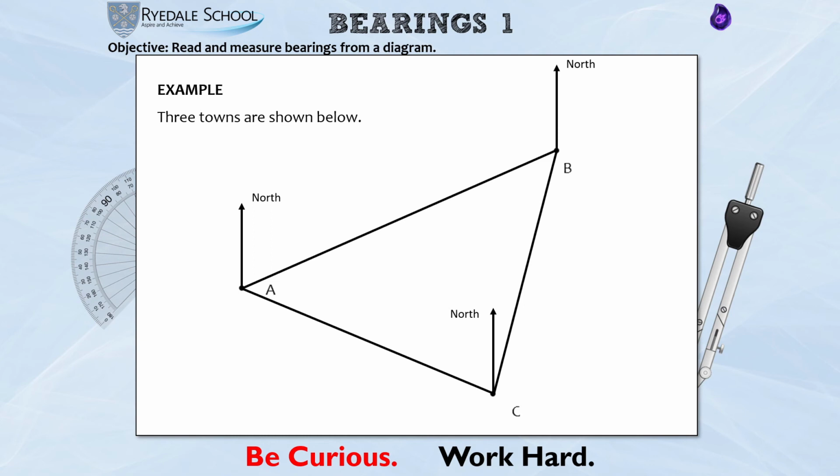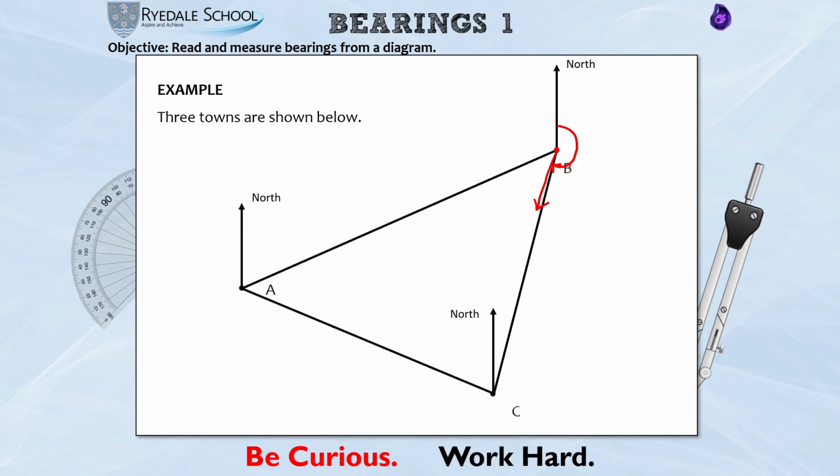Well, I'm starting my journey at B, which is here, and I'm walking towards C. So that is the direction that I'm walking in, and you can see we're a little bit further around from south. The angle that I need is the angle all the way round from north clockwise till I hit the line that I'm walking along. So it's that angle there, and it's going to be a little bit bigger than 180.